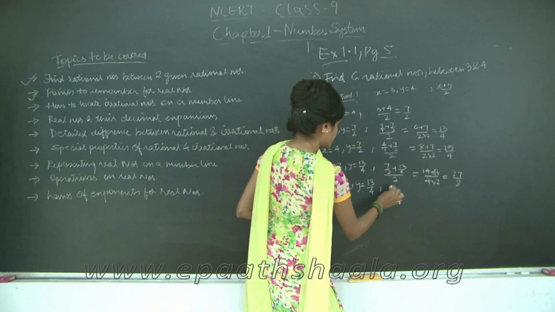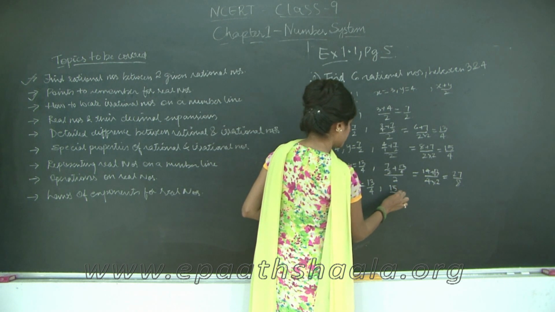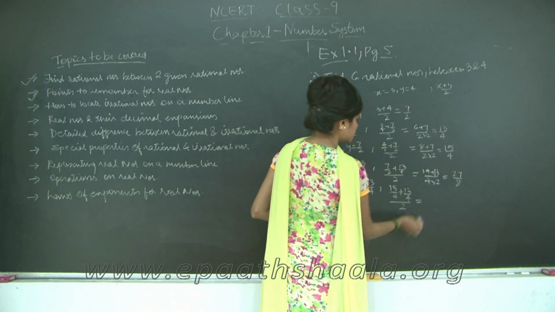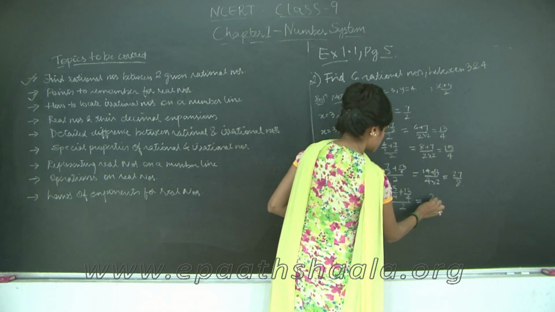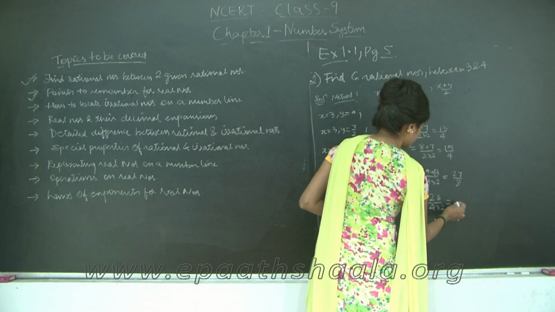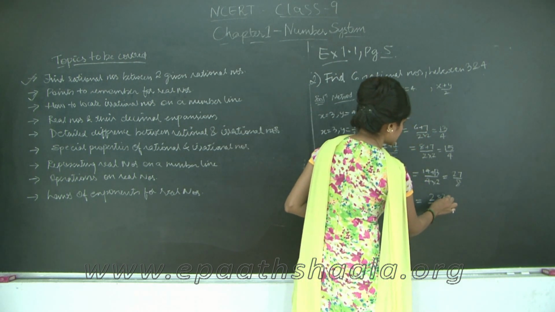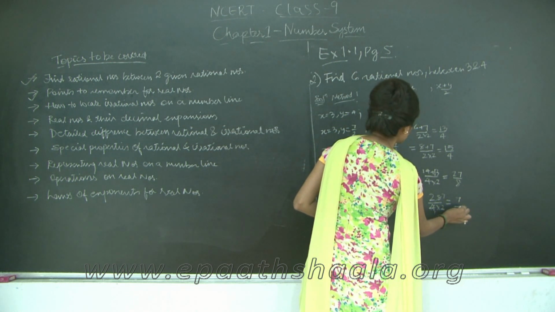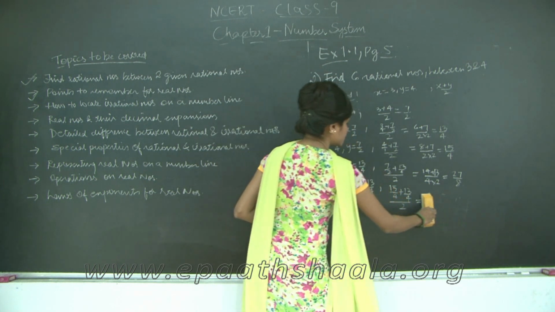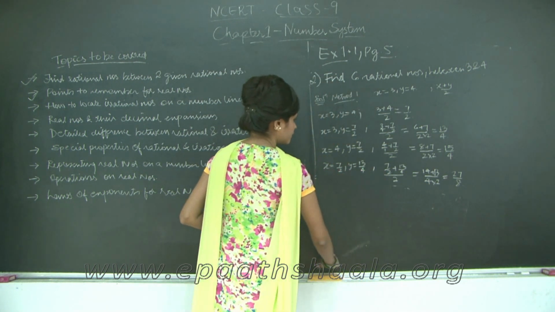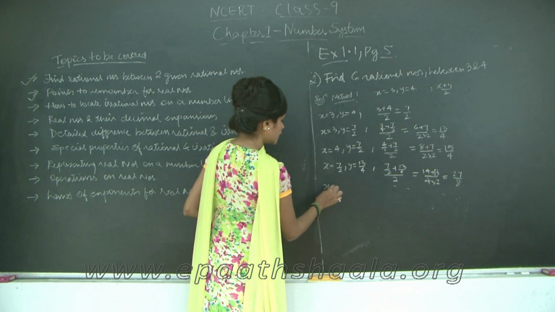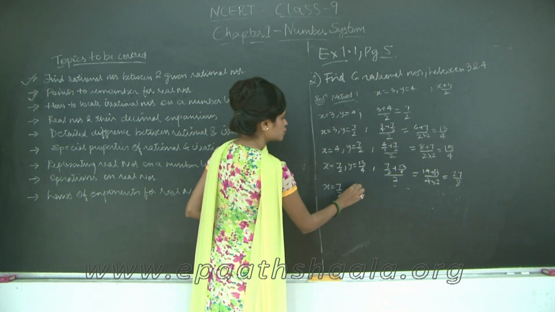What do I get? (15 upon 4 plus 13 upon 4) upon 2, so this is 28 upon 4 into 2, which is 7 upon 2. But these two values are the same, so I'm just going to erase this and take a different combination. How about 7 upon 2 and 15 upon 4? x is equal to 7 upon 2 and y is equal to 15 upon 4.